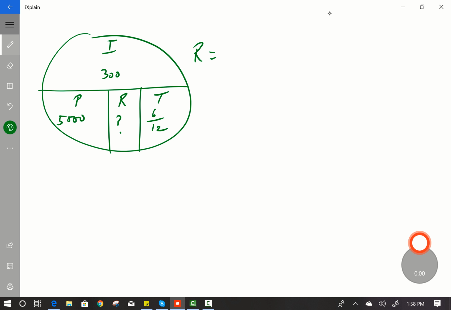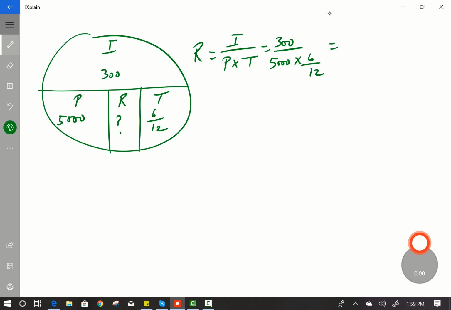Rate is equal to interest divided by principal times the time. Okay, the interest is 300. Principal is 5,000 times 6 divided by 12.